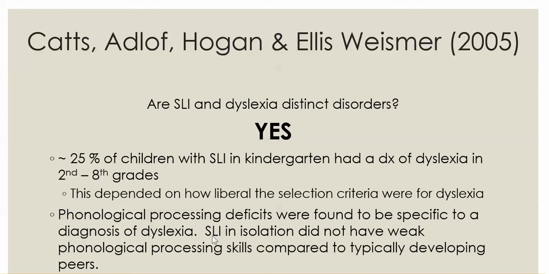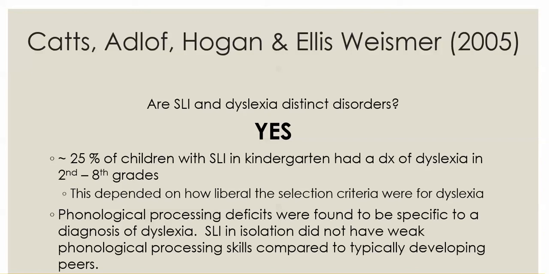So phonological processing deficits were found to be specific to dyslexia. SLI in isolation did not have weak phonological processing skills compared to their typically developing peers. As you'll recall from your own reading, they had a group of SLI only, a group of dyslexia only, and a group of comorbid kids compared to a group of typically developing. When a child had SLI in isolation, there were no weak phonological processing skills.